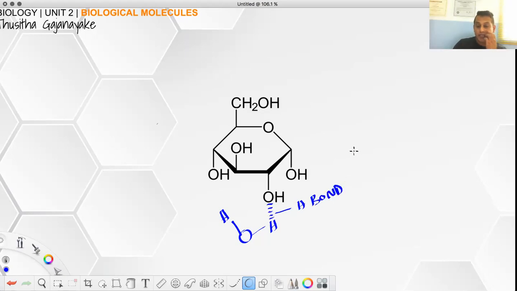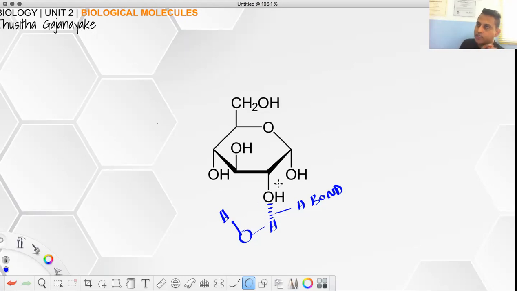I told you from the beginning, if molecules can make a bond, they are soluble. So most of the sugars are soluble, like what we discussed, the six-carbon sugars, they all are soluble, because the OH groups are available.